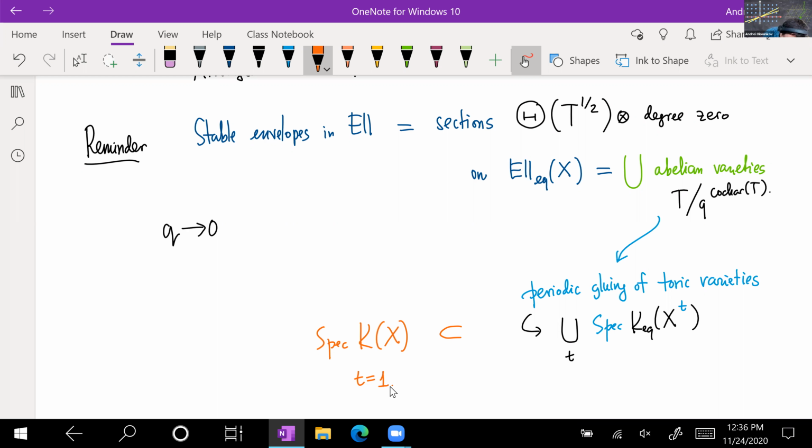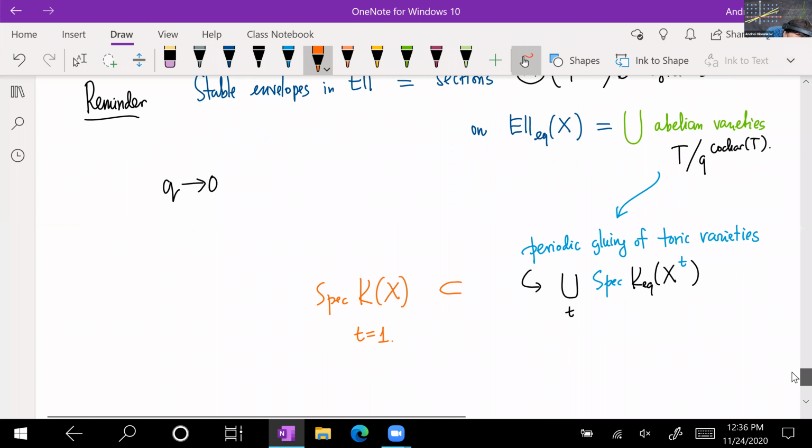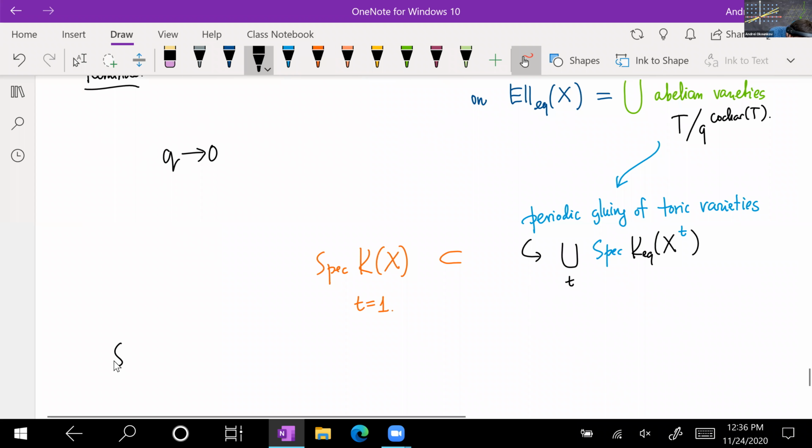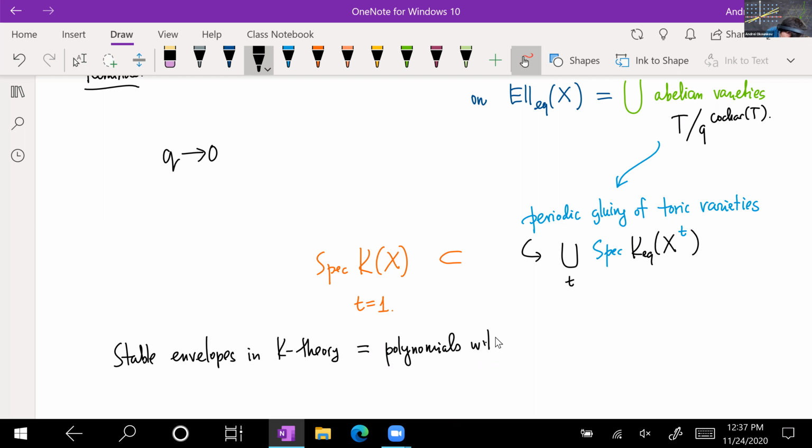And then here, this means stable envelope in K-theory. Well, there are now polynomials, and being a section of some line bundle is now translated.